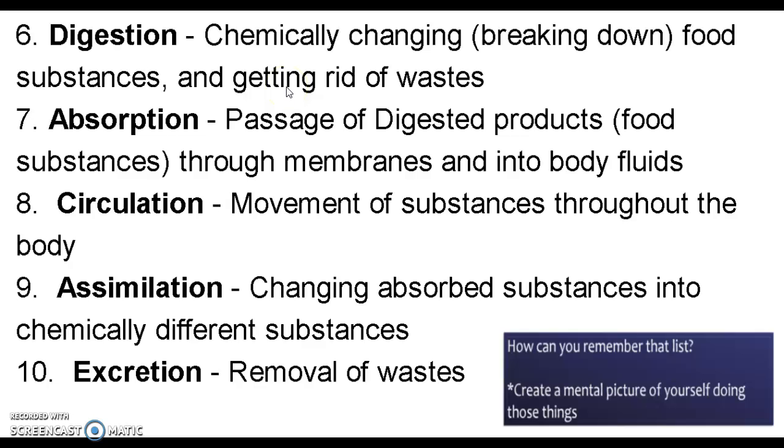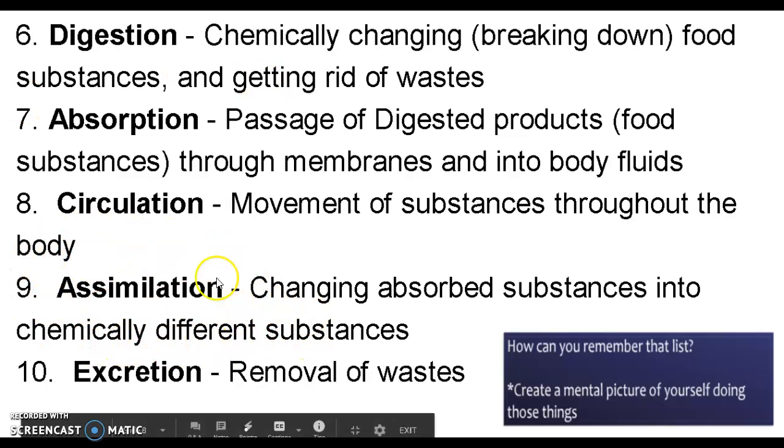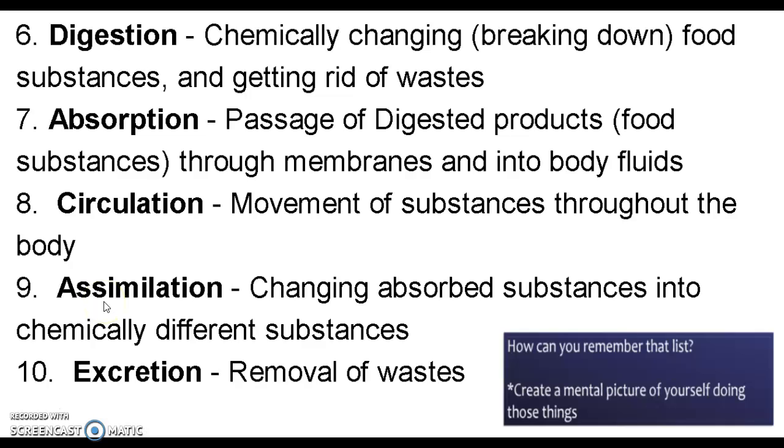You might remember from bio talking about the different monomers and polymers of all those big organic molecules. So we break them down into smaller parts and then we rebuild them into our own proteins. And that is the process of assimilation. We take the nutrients from our food and do some chemical reactions with it in order to make our molecules.